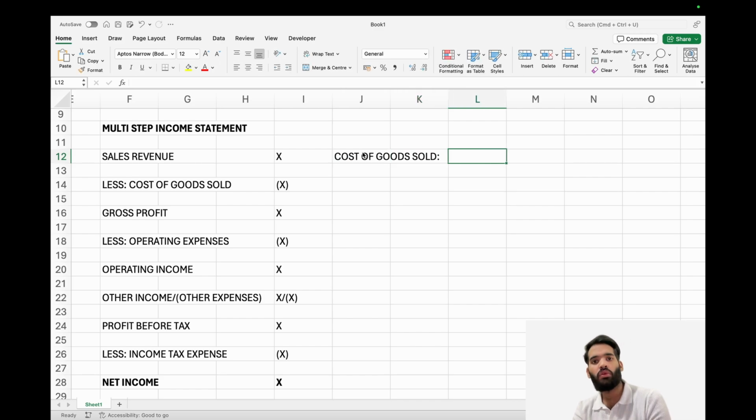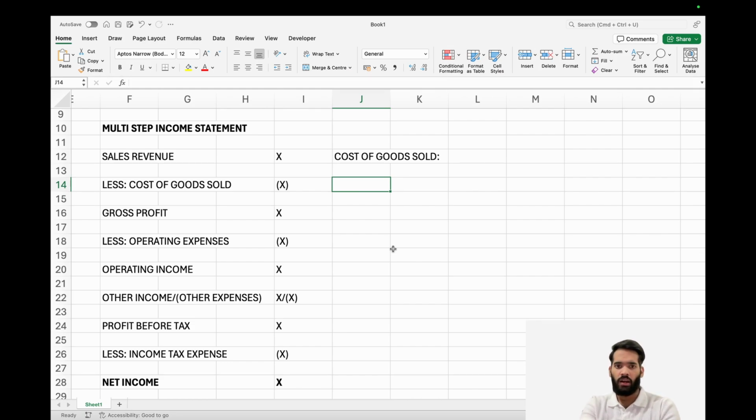Now cost of goods sold is basically when you sell something. Obviously, we are assuming here you have a sales business, so you're buying things at a low price and selling them at a higher price. So let's say you have a retail or wholesale business. Cost of goods sold will be, when you sell something, how much you originally purchased that item for. For example, let's say I have a business of selling calculators.